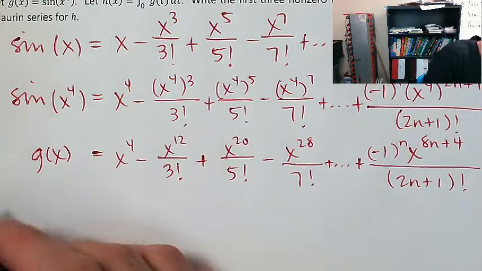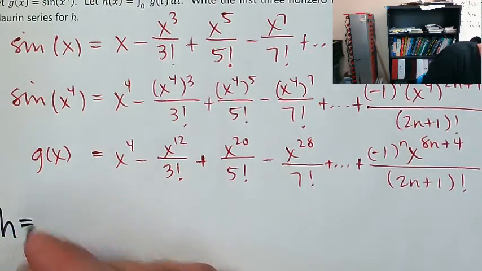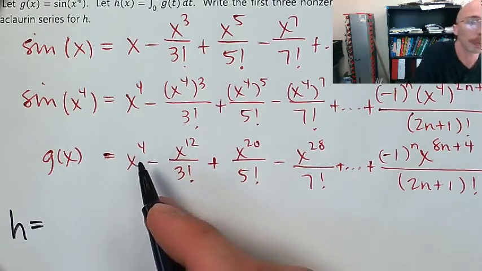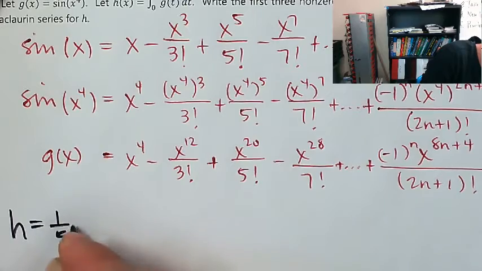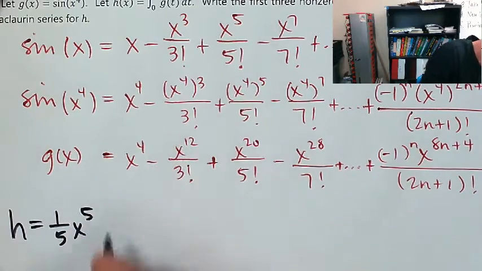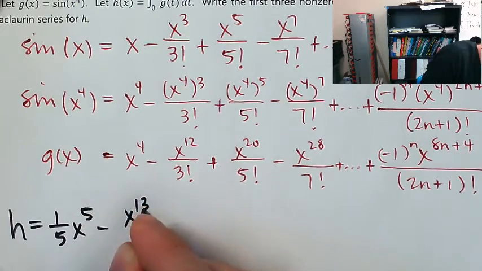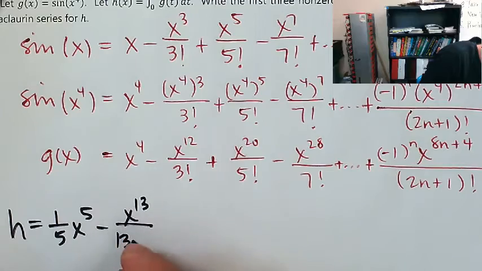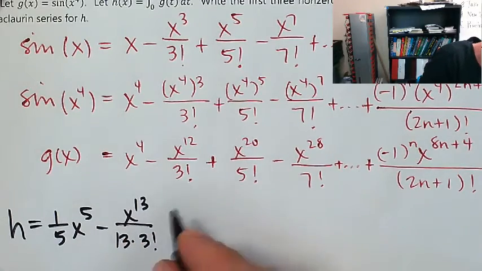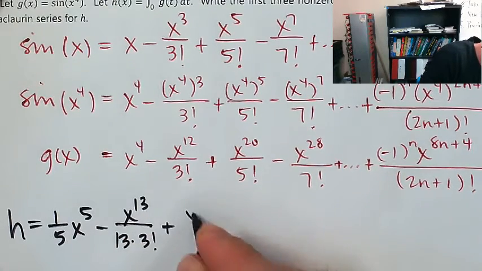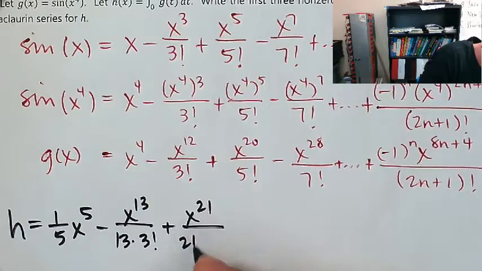And that means that for h, I'm going to anti-differentiate term by term. So the antiderivative here, 1/5 x to the 5th: add 1 to the power, divide by the new power.